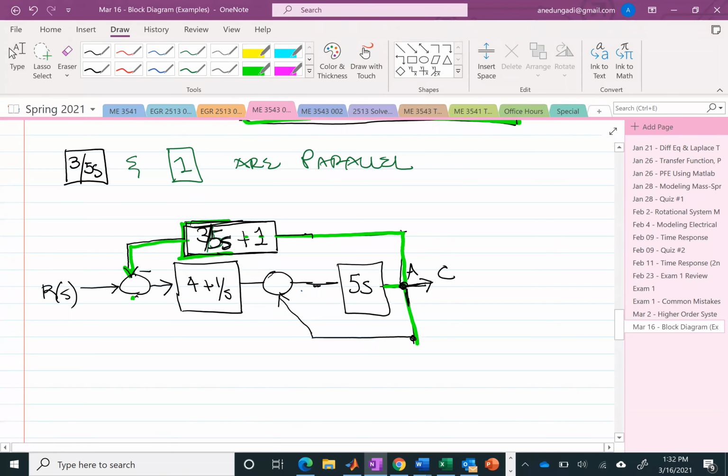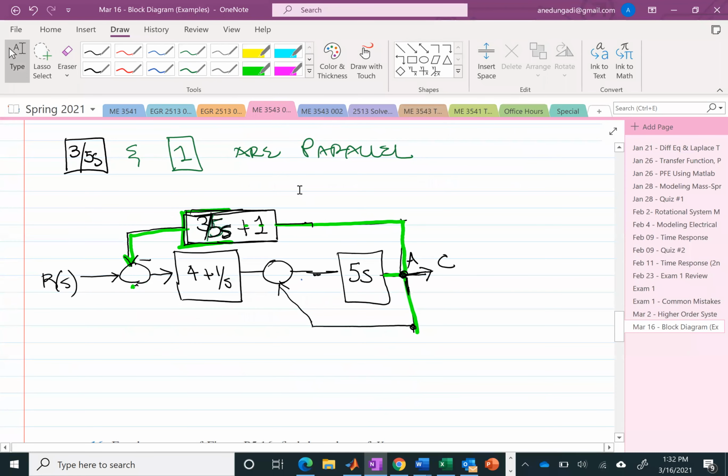Okay, so we've done that, and really there's nothing. Well, there is a feedback form, right? Now the feedback form shows up. Do you agree with that? But what I'm going to do is something else. I'm going to move this 4 plus 1 over s to the right of this summation block. This is negative and this is negative, right?